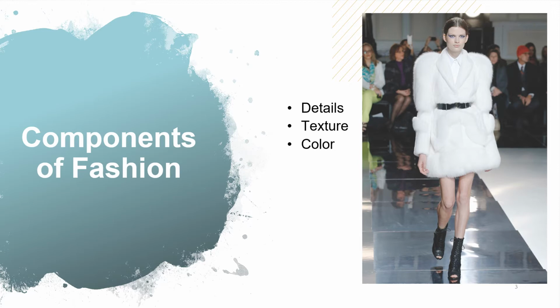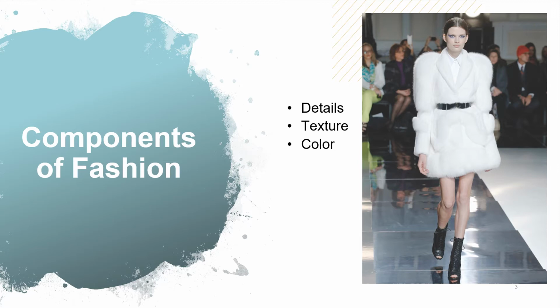And details are just the trimmings and the length, the width, the shoulder, the waist, the sleeve treatment. So if we look at this garment, the garment on the left, some of the details are it's belted, it has a puffy sleeve, it's trimmed in fur. Some of those are the details.